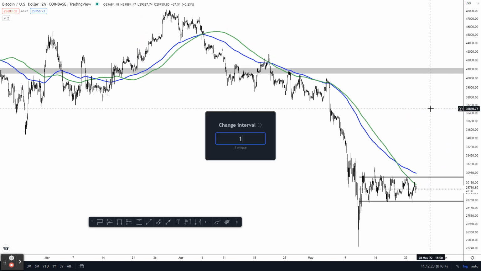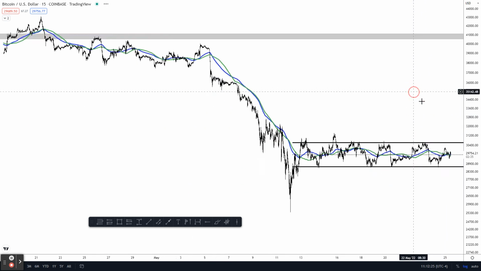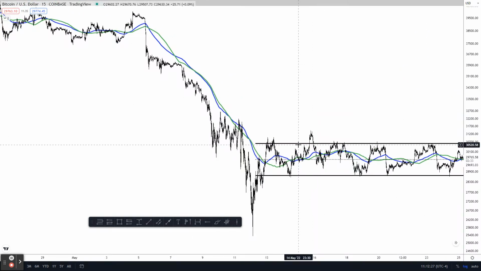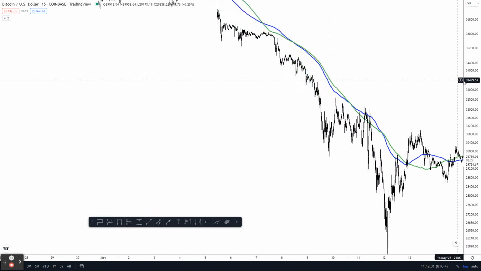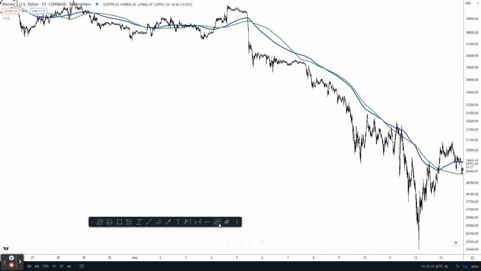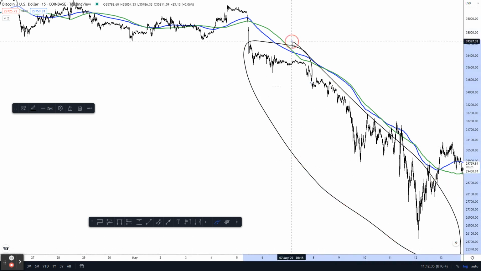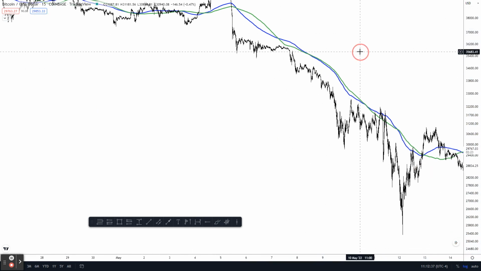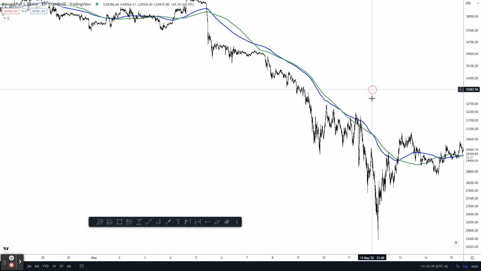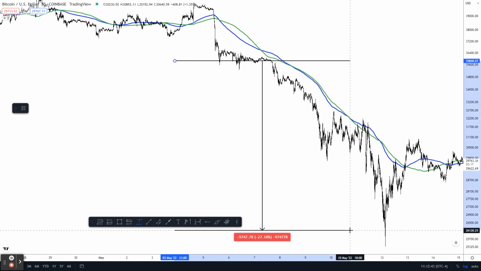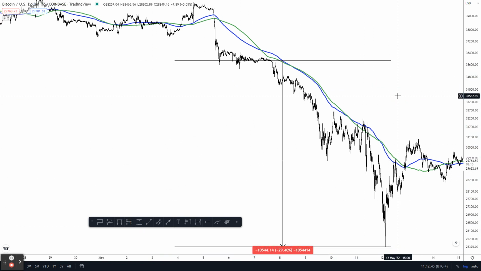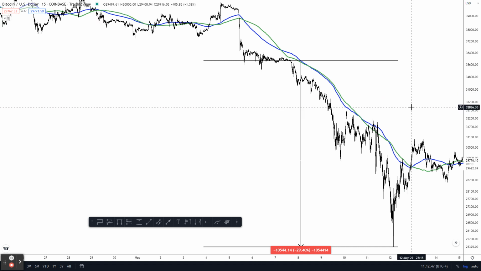So what that means is, if we're going to use something like the 15-minute 200 moving averages to determine this trend, right? This is the trend from May 5th all the way to like May 12th, May 13th. This is an exaggerated trend, and this trend creates a shit ton of opportunity.